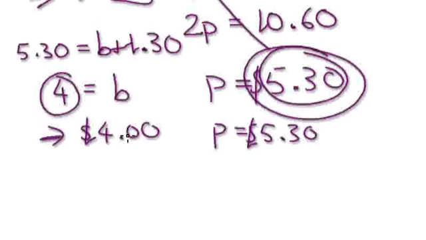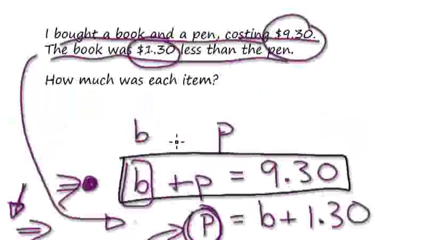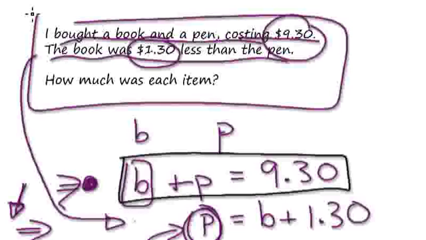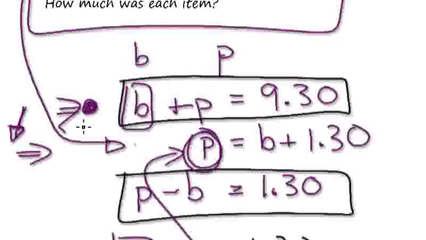When you add the two, it does come to $9.30. So the hard part is translating this whole situation into these equations. And once you're in equation mode, you can just switch off and solve for B or P.